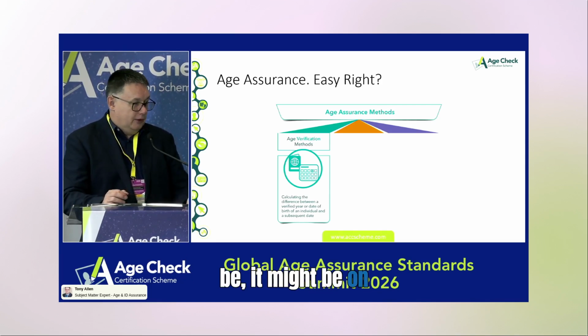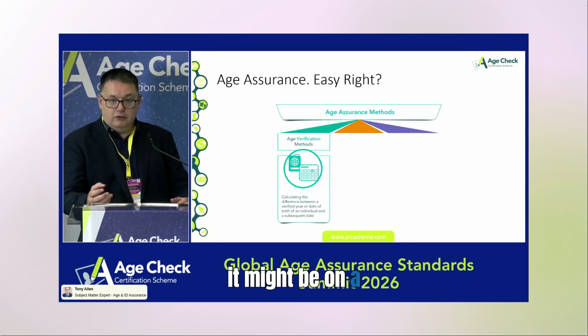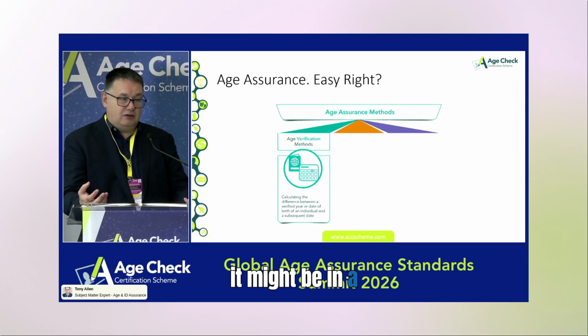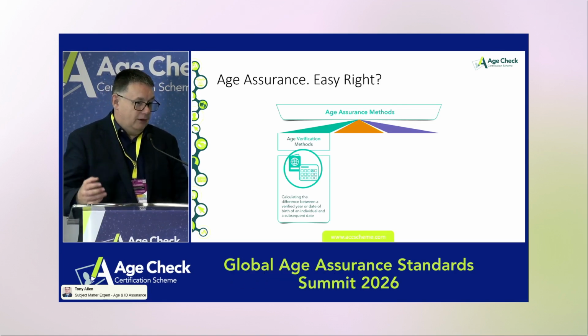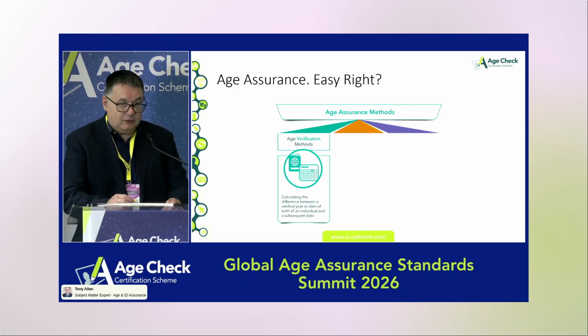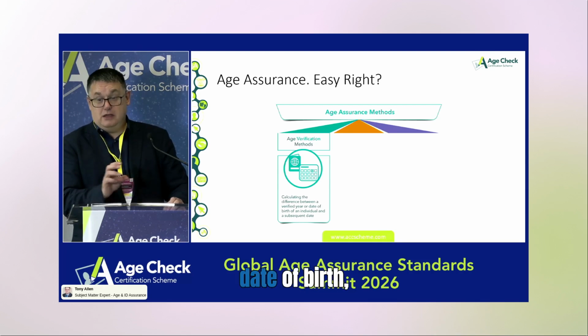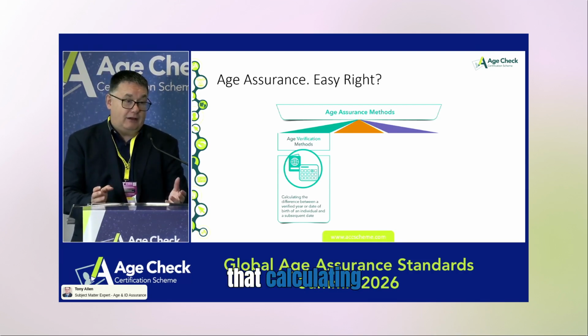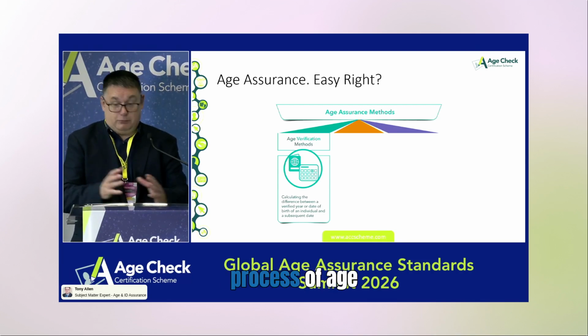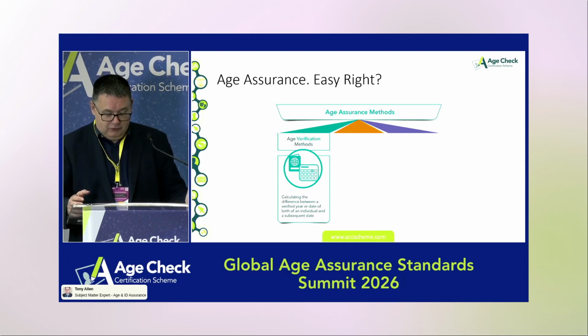It might be on a school record, it might be on a driving license, it might be in a digital identity wallet, it could be anywhere. But wherever it is, it always involves finding a date of birth, binding that date of birth to the individual, so this is their date of birth, and then from that calculating how old they are. So that's the process of age verification.